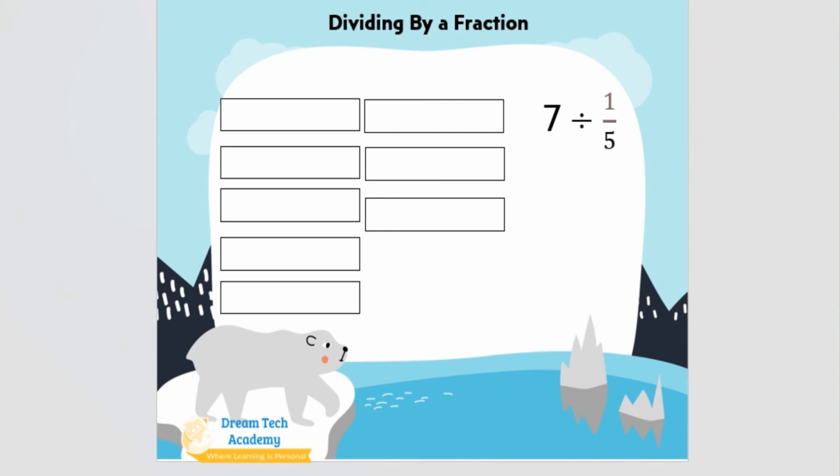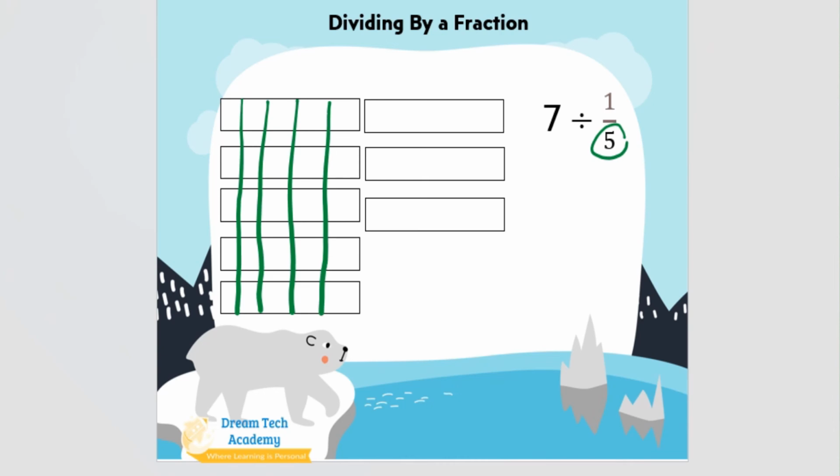Okay, so the denominator tells me I need to cut my wholes into 5 equal parts. So I'm going to go ahead and try to cut these into 5 pieces, and do the same thing here.